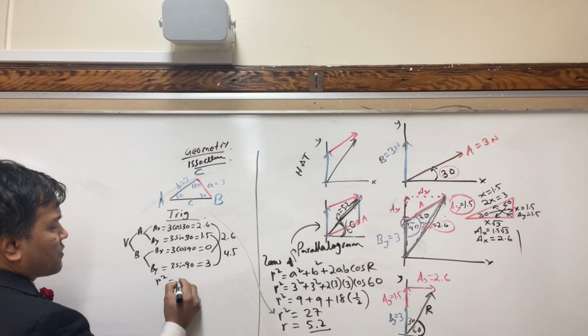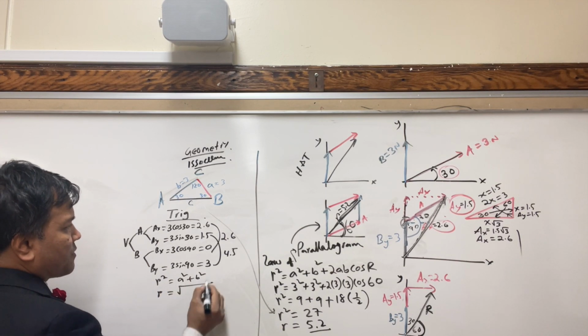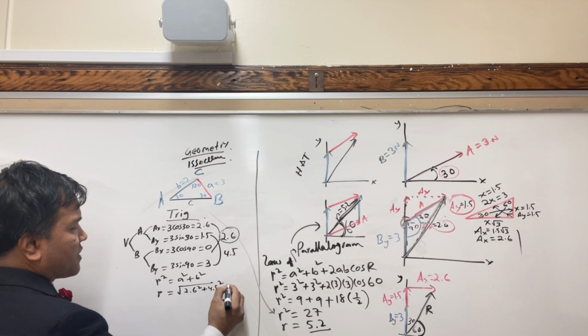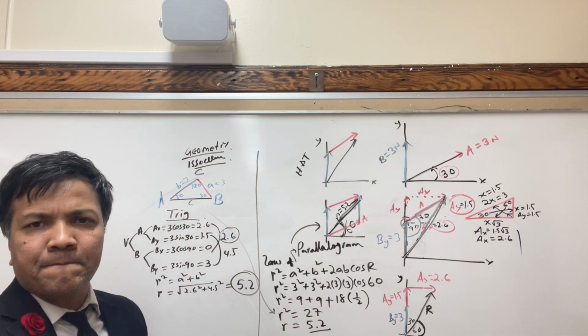R square is equal to A square plus B square. So R is equal to the square root of 2.6 square plus 4.5 square, and that gives you 5.2 Newton again.